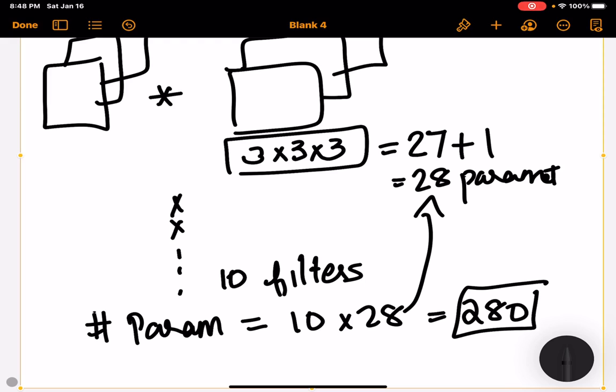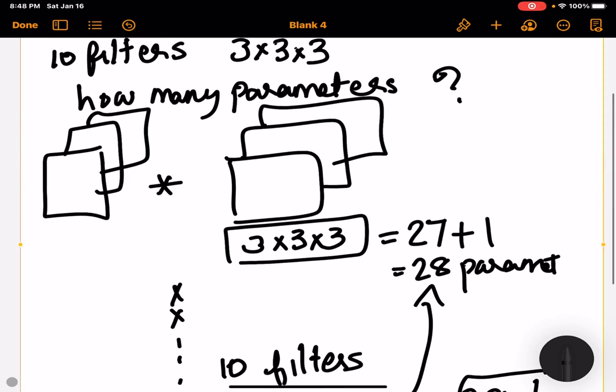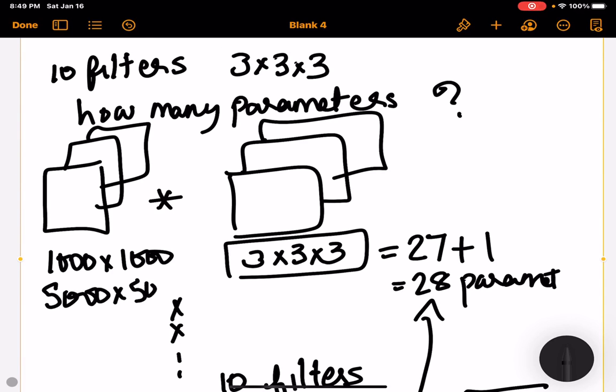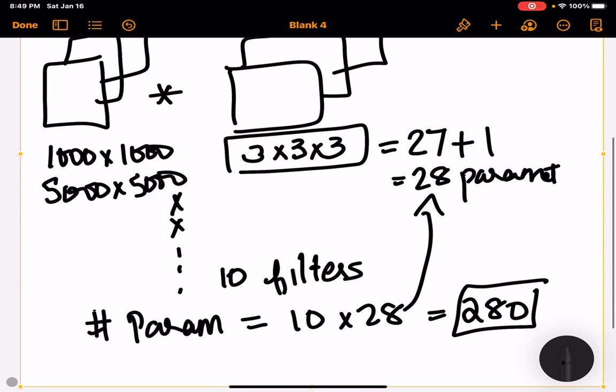Or, in short, what I wanted to convey is that no matter how big your input image may be, even if it is a 1000 cross 1000 image, or say a 5000 cross 5000 image, it has nothing to do with the number of parameters.